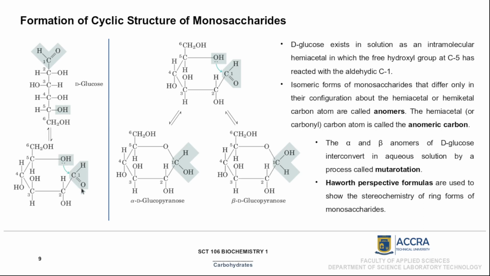Now, what you realize is that, as you noticed in the formation of the hemiacetal, you have the hydrogen of the hydroxyl group coming to reduce the C double bond O to a hydroxyl group, as you see here.